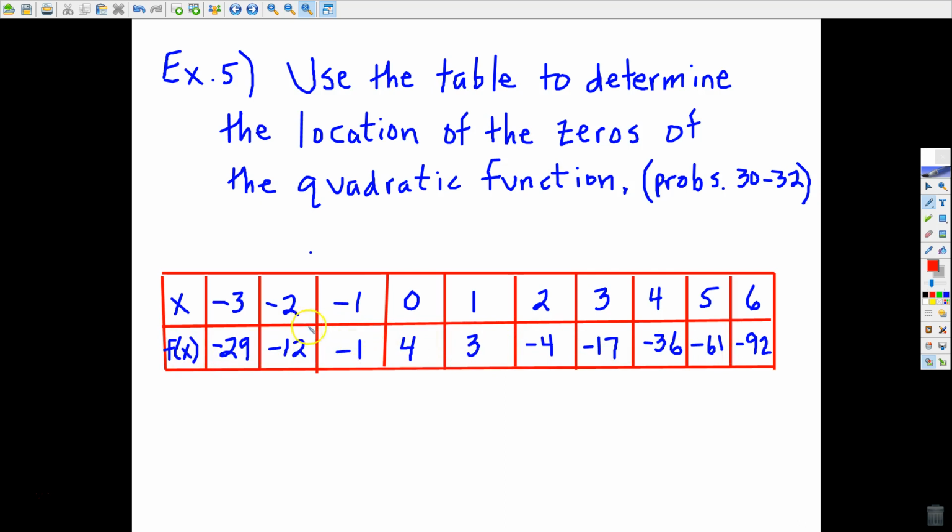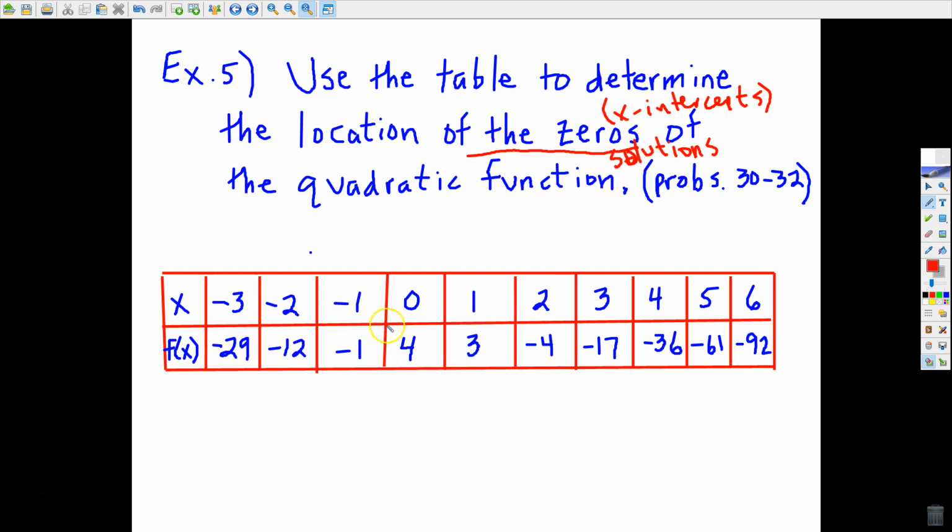And here's the thing, when you're looking not at a graph, but at a table of values that represents what would be on the graph, here's how you can tell the location of zeros. And that's just another way of saying x-intercepts. You can use these terms interchangeably. Solutions to a quadratic equation, all the same thing.